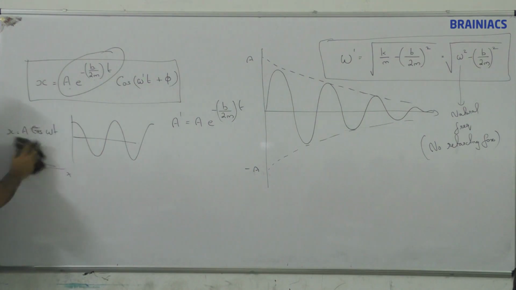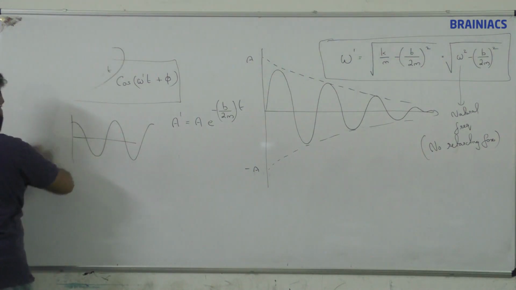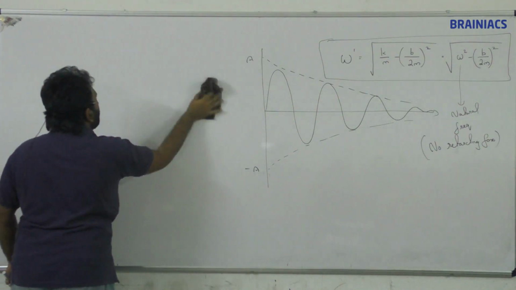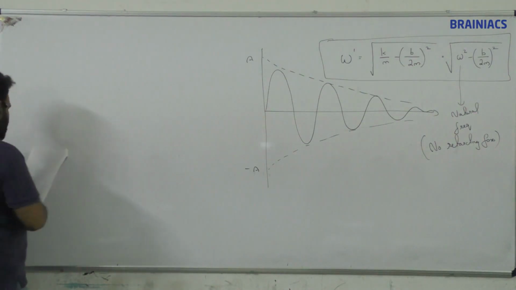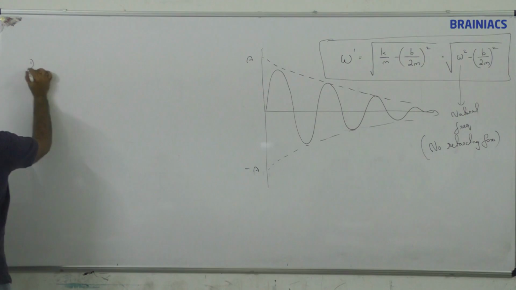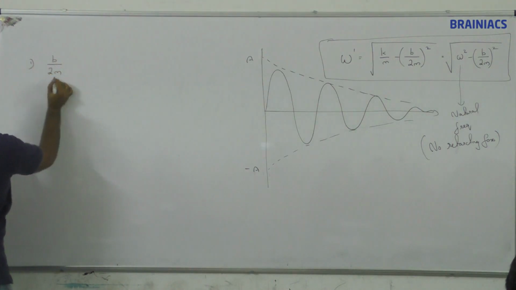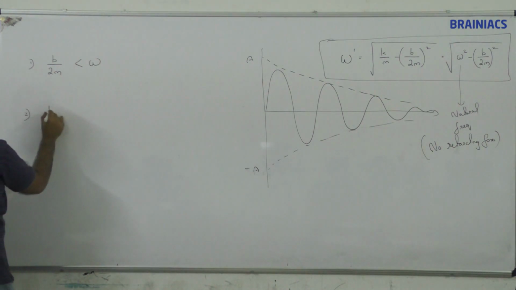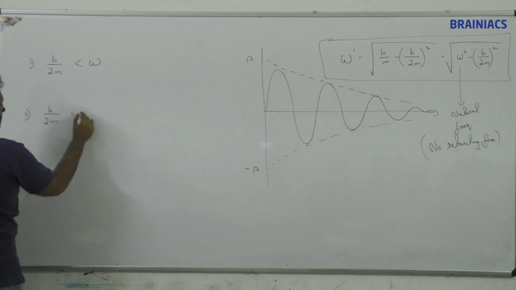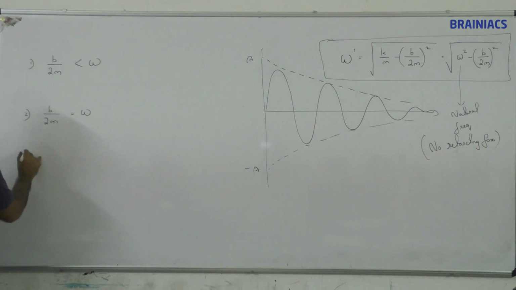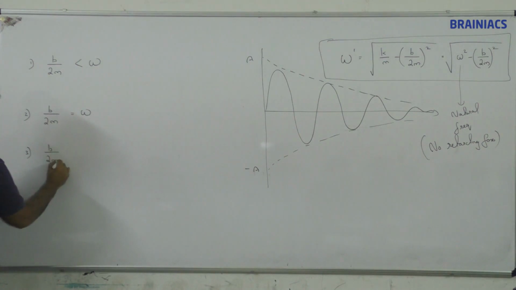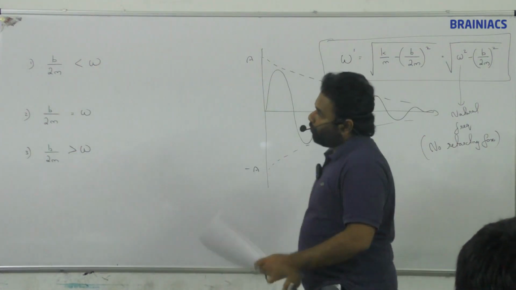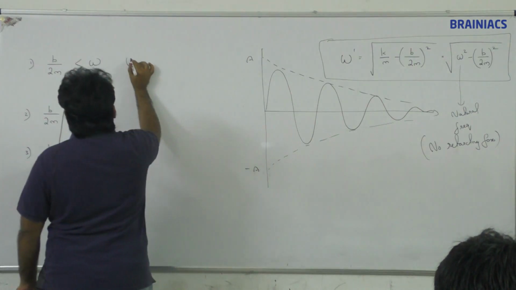Shall I erase this? Okay, so b by 2m can be less than omega, b by 2m can be equal to omega, or otherwise b by 2m will be greater than omega. When it is less than omega, I can say under damped.